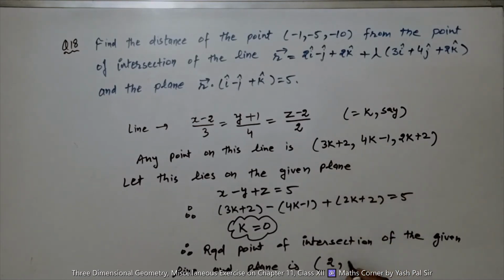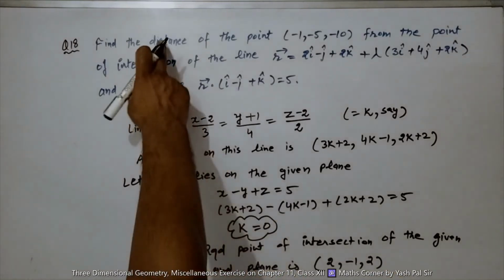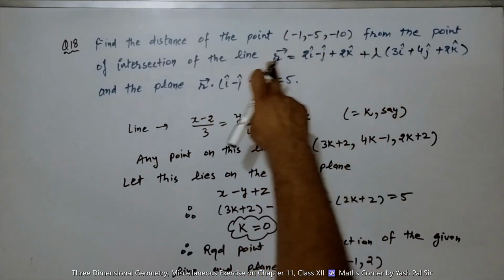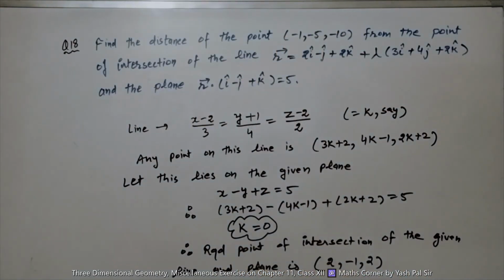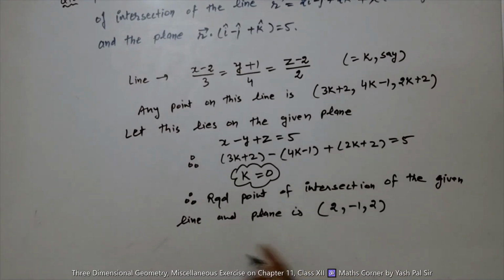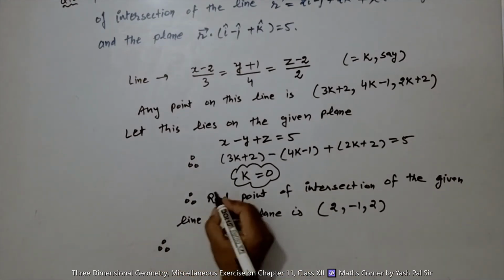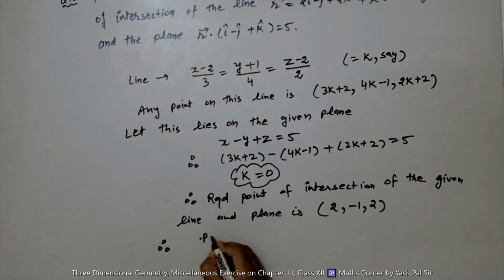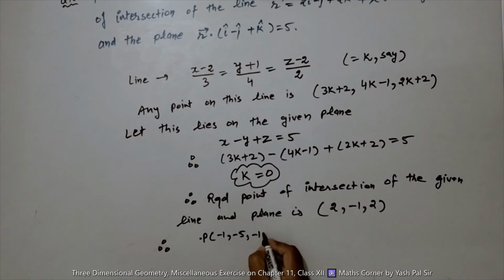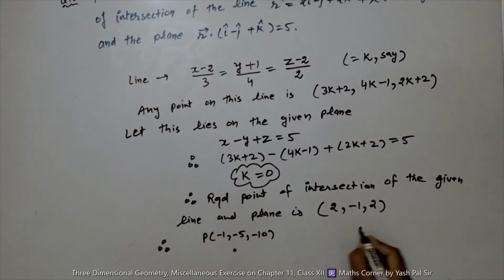This becomes 2, minus 1, 2, right? Now what is the question? Find the distance of this point and the point we have obtained. So suppose the given point is P, its coordinates are minus 1, minus 5, minus 10, and the obtained point is Q, 2, minus 1, 2.